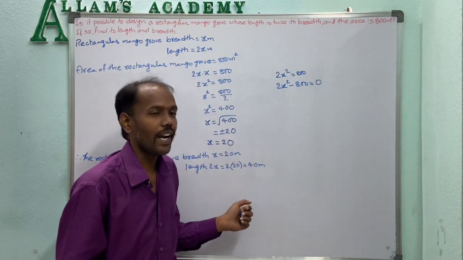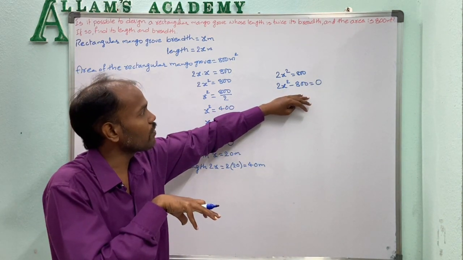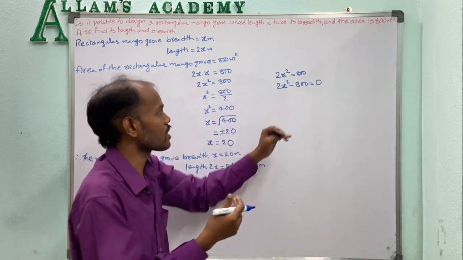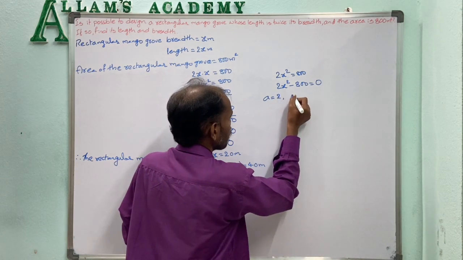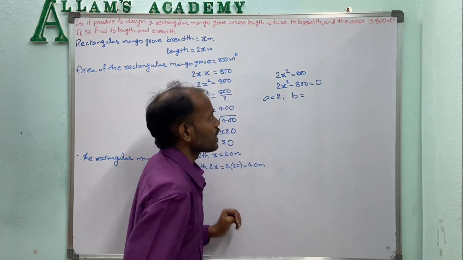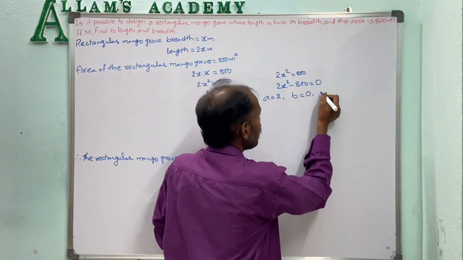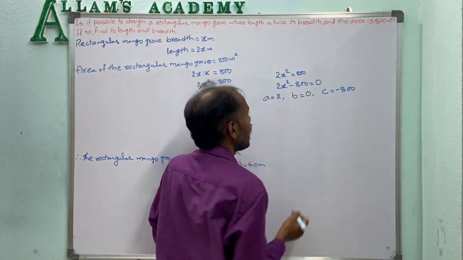Now for finding the roots, first compare with the quadratic equation general form, ax square plus bx plus c equal to 0. Here a is the x square coefficient, equal to 2, and b is the x coefficient. Here the x coefficient is not there, that means 0, and c equal to the constant term, that is minus 800.